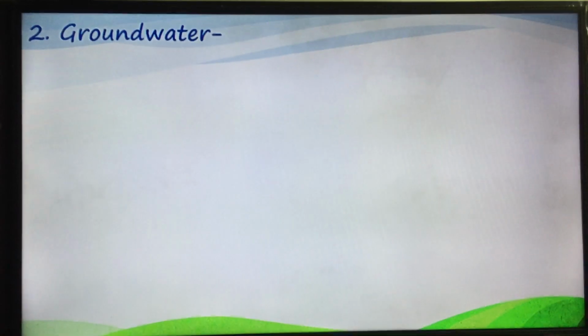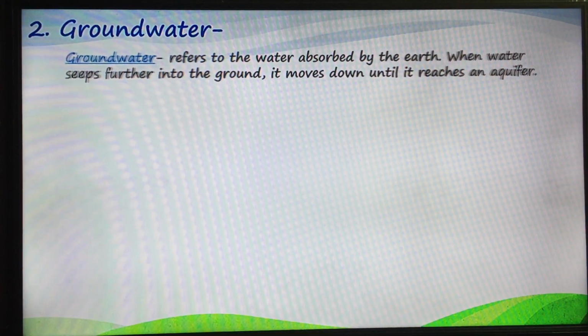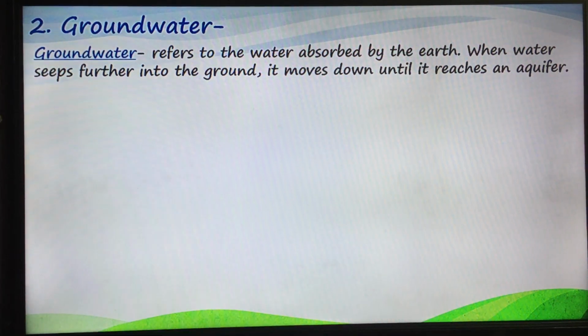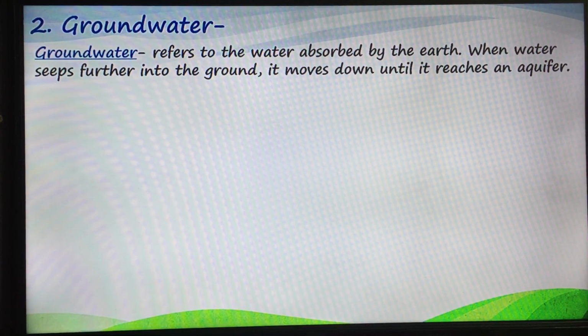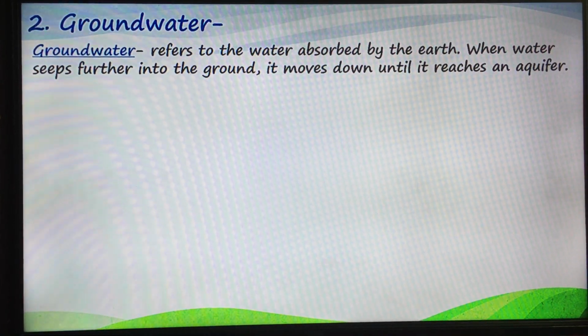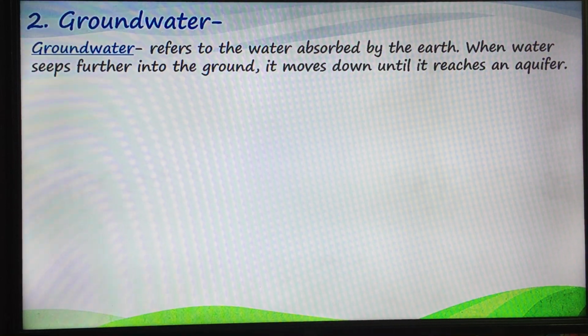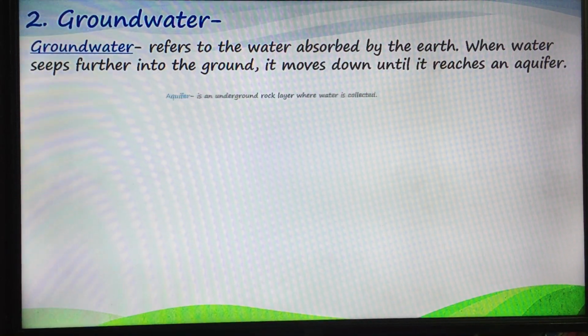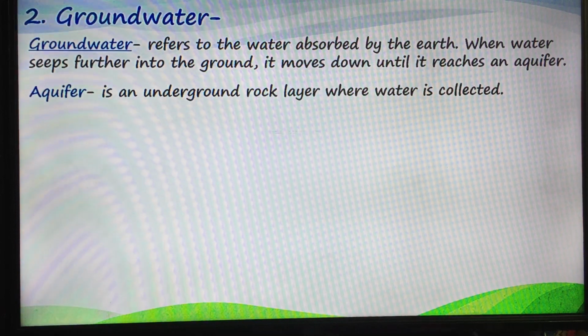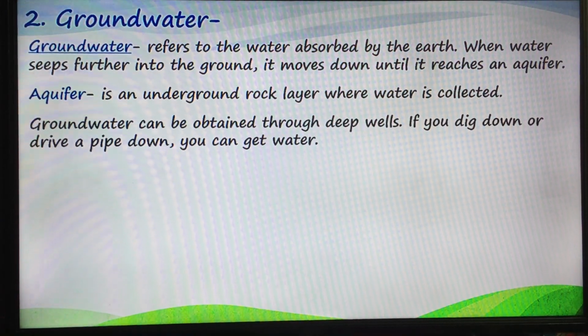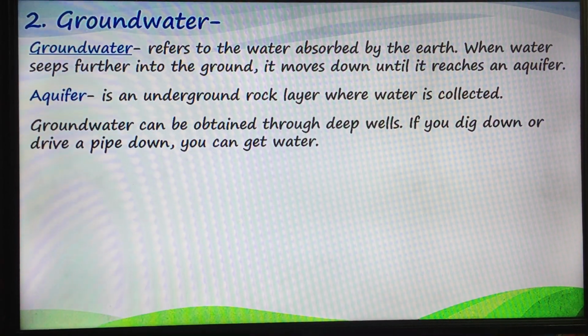The second one is groundwater. Groundwater refers to the water absorbed by the earth. When water seeps further in the ground, it moves down until it reaches an aquifer. Aquifer is an underground rock layer where water is collected.